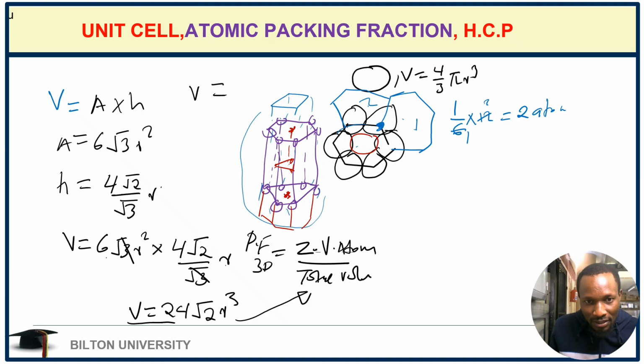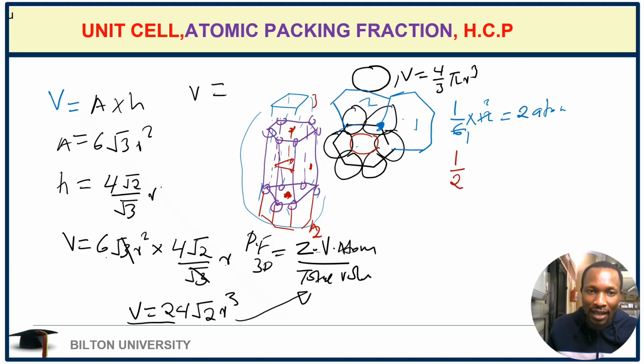If this original is 1, then the one below it is 2, and the one in blue is 3. So this red one below is being shared by layer 1 and layer 2. It means that one center atom is being shared by 2 layers.